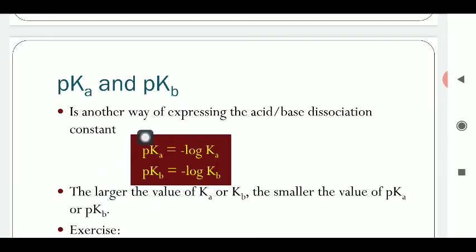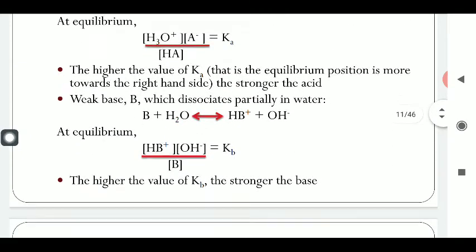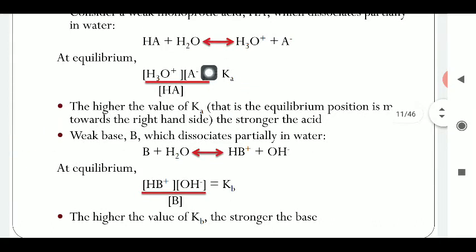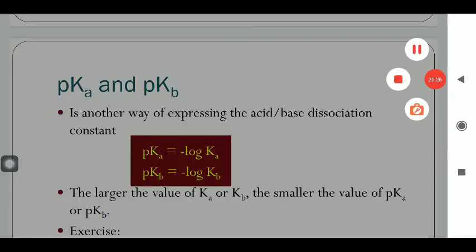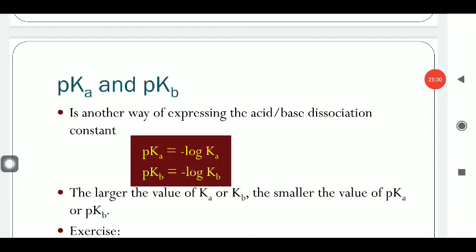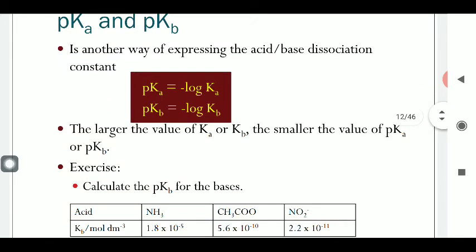So whenever you express the value in terms of Ka and Kb, the bigger the value of Ka and Kb, the stronger the acid and base. And when you express the same value in terms of the log, the smaller the value of pKa and pKb means the strong acid as well as the strong base. So these basic points you have to remember to explain the strength of acids and bases.